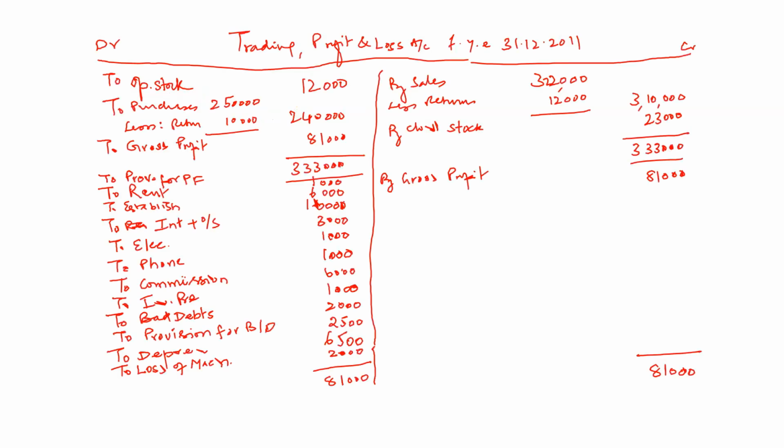So it must be 48. So total of credit side comes to rupees 48,000. So the net profit becomes 33,000. That is 81,000 minus 48,000. You get a profit of 33,000.